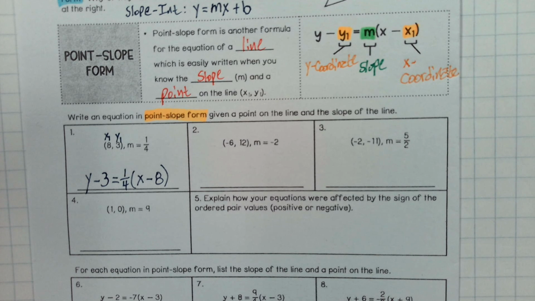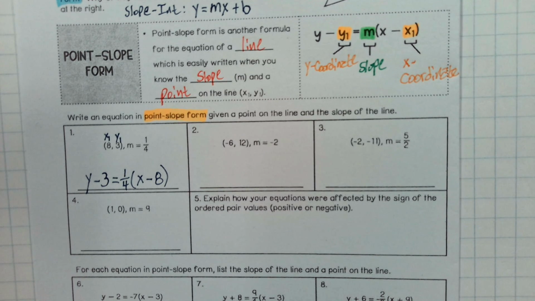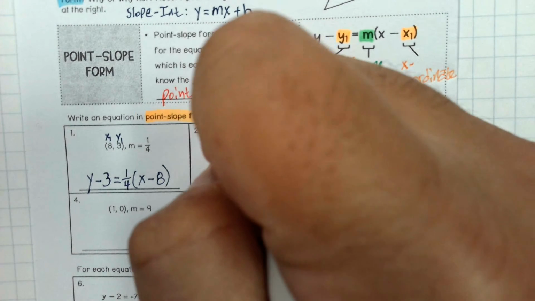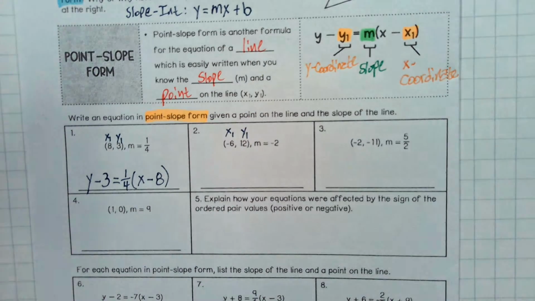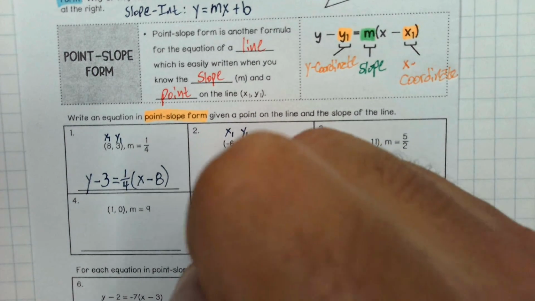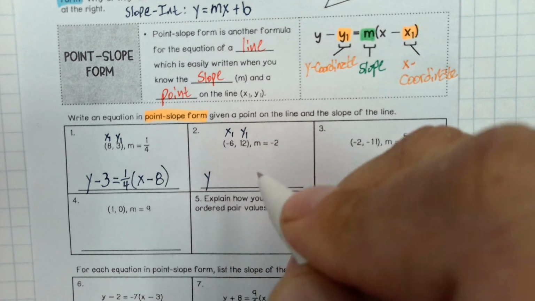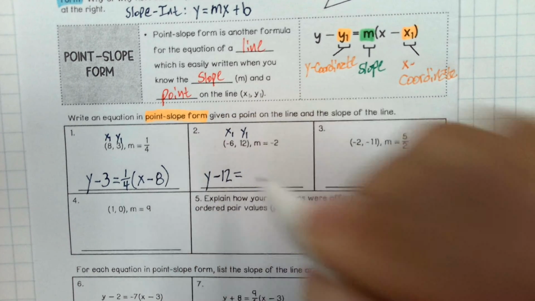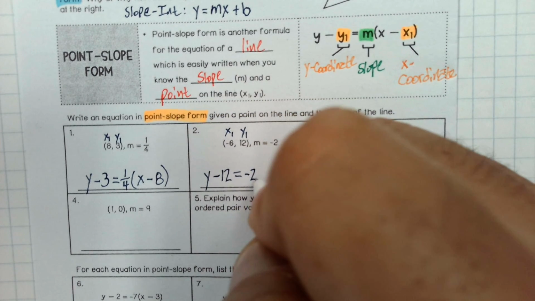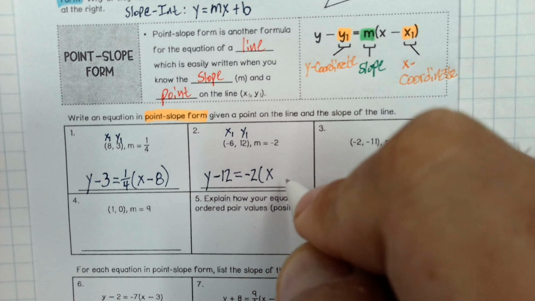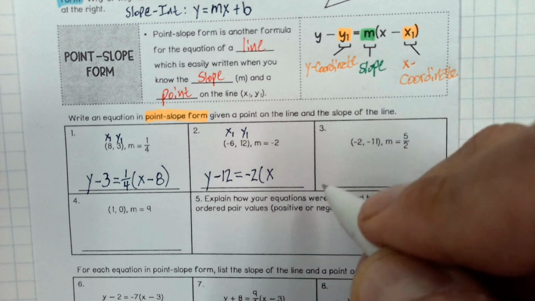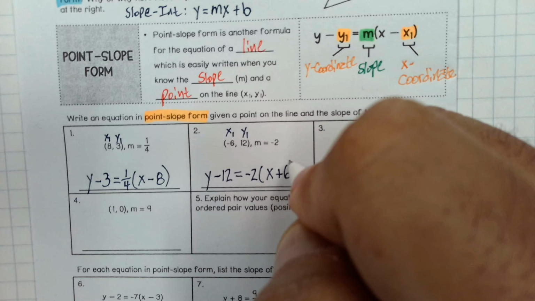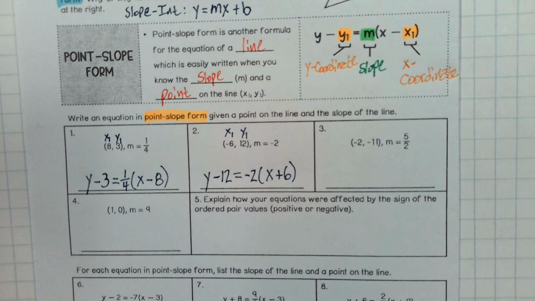All right. So let's go ahead and write this one. Again, this is x1 and y1. So this is going to be y minus 12 equals negative 2 times x, well, it's going to be x minus negative 6, which is plus 6.